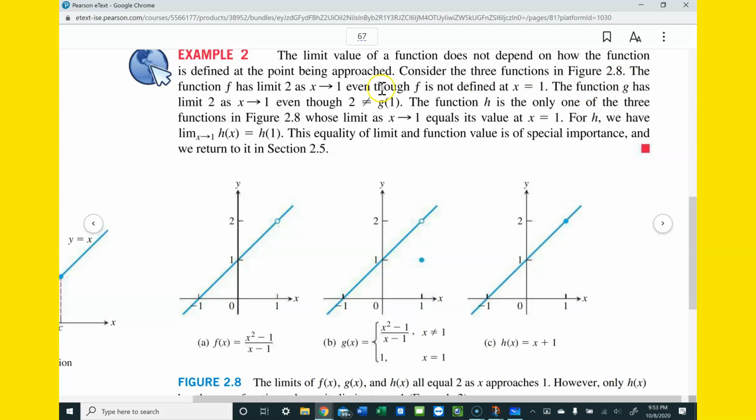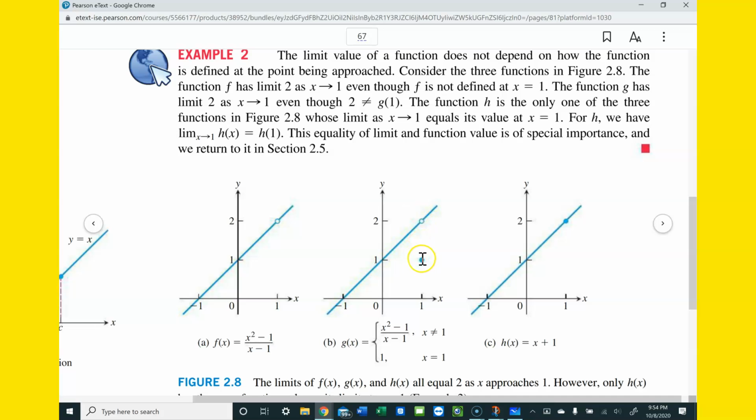All right. The function f, the one in A, has limit 2 as x approaches 1. Even though f is not defined at x equals 1, the limit of this function is still 2. The limit of this function is also 2 when x equals 1.